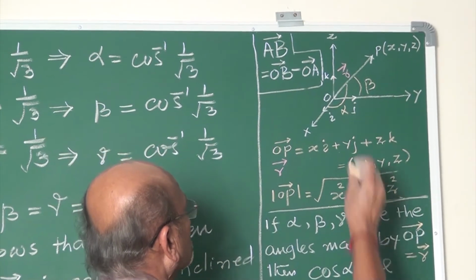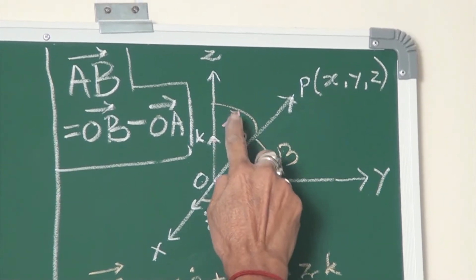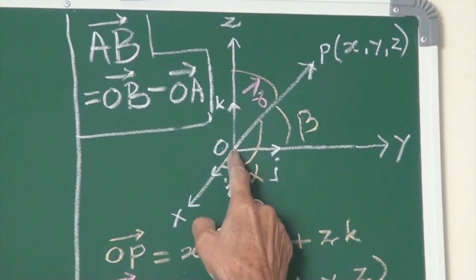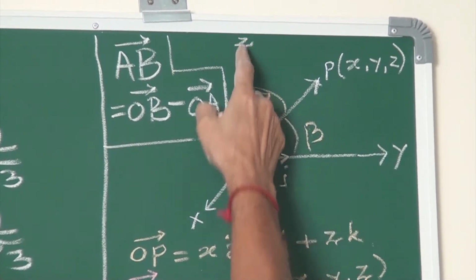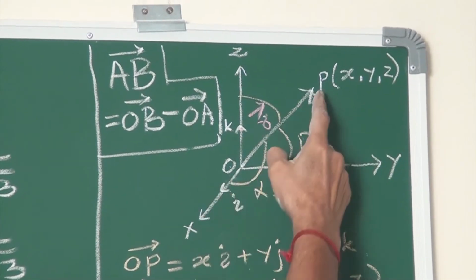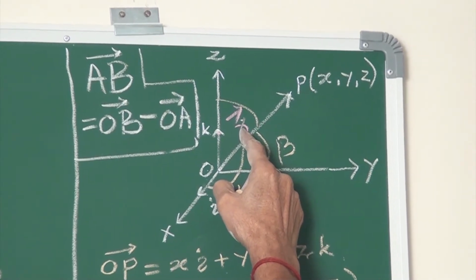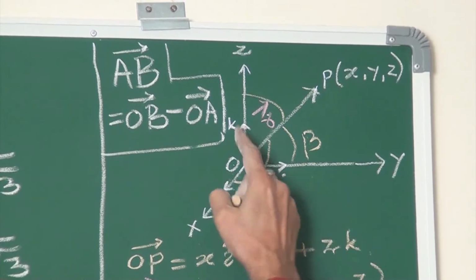When alpha equals beta equals gamma, the vector is equally inclined: alpha with OX, beta with OY, gamma with OZ. This shows that the vector A is equally inclined with the axes OX, OY, OZ.